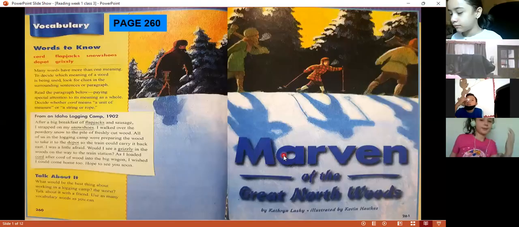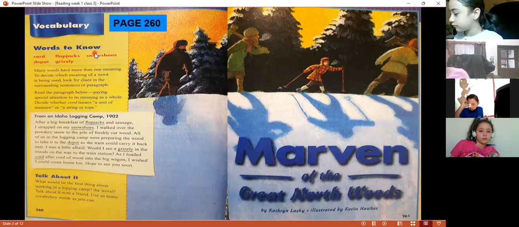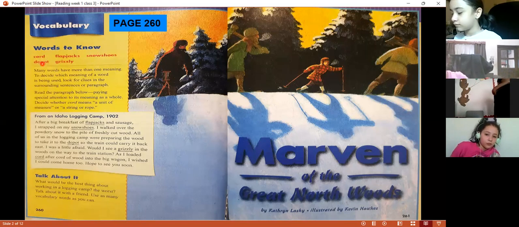The vocabulary. In the book on page 260 we have the vocabulary for this story that we need to know first. We have the words cord, depot, flapjacks, grizzly, and snowshoes. Now remember that when we are reading, we can find words that we don't know the meaning of.